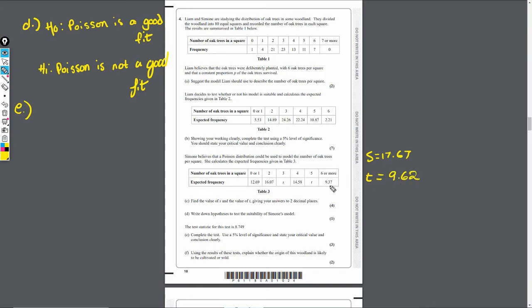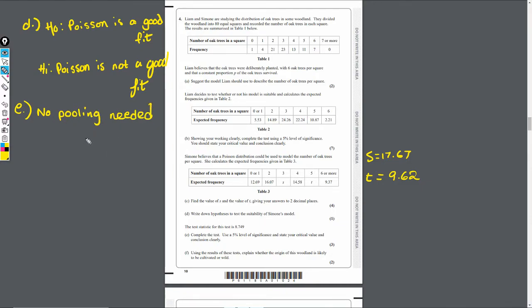So S and T, that's these. All these values are greater than 5, right? So we don't need to do any pooling. So no pooling needed.